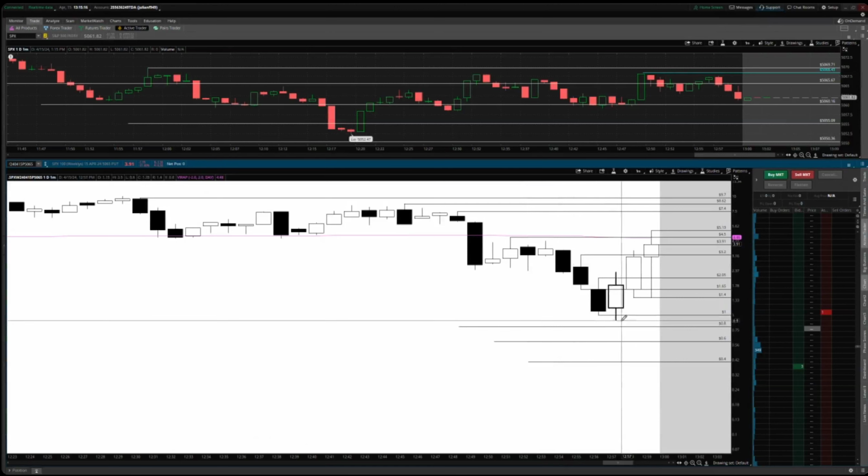The low of this candle is at $0.90, the low of this one is at $1. So the cheapest you could have gotten in is $0.90 in this whole 1 minute time frame.